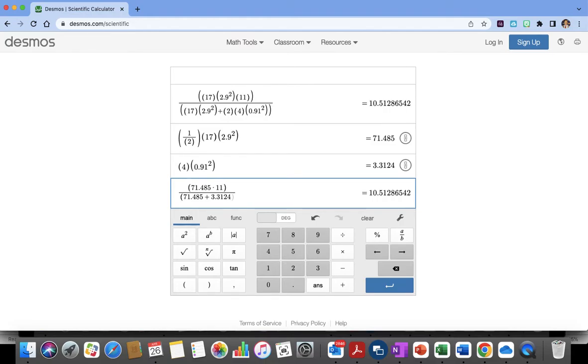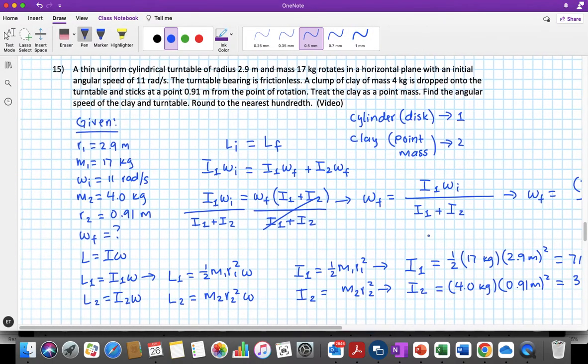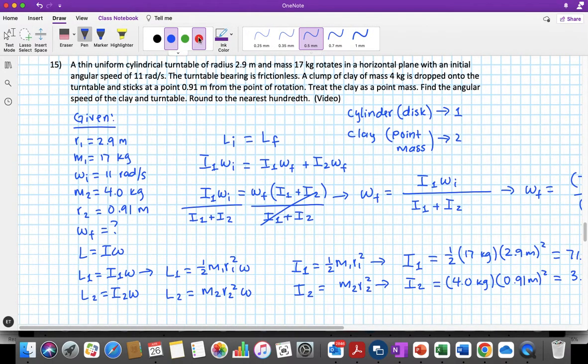As I said, we got the same number. And this one looks simpler than this, I think, right? 10.51. Final angular velocity equals 10.51 radians per second. And that is it.